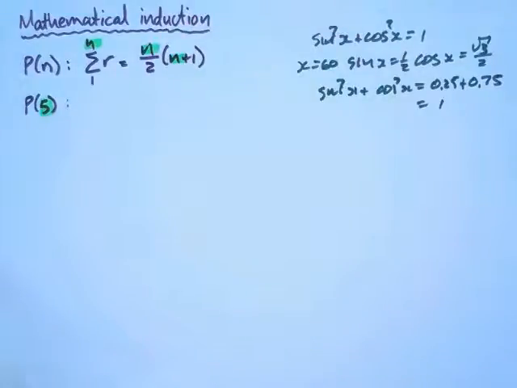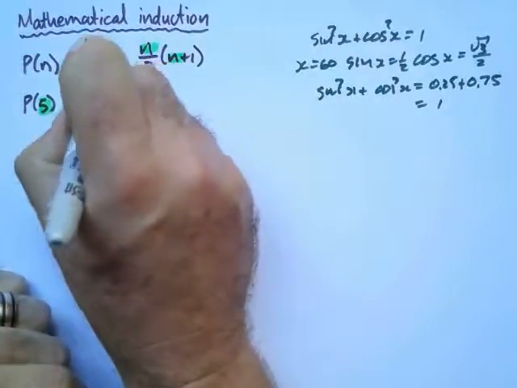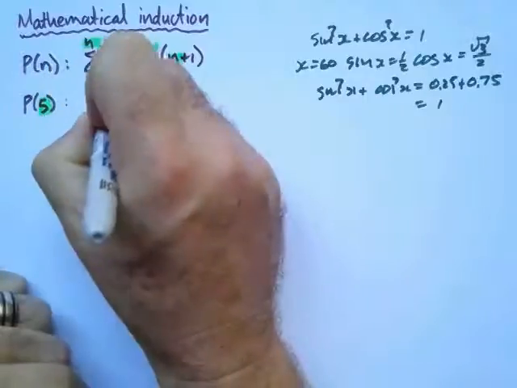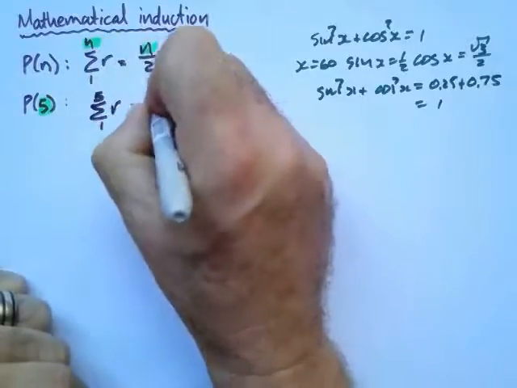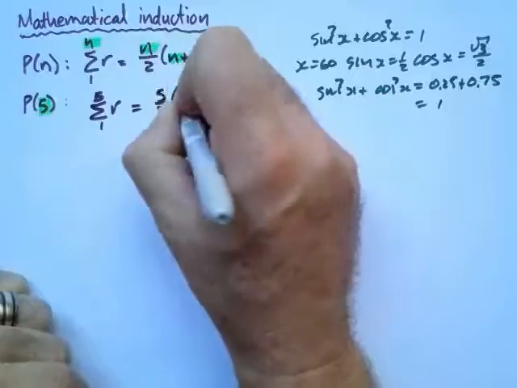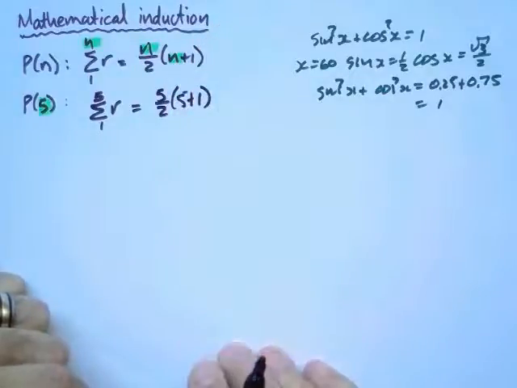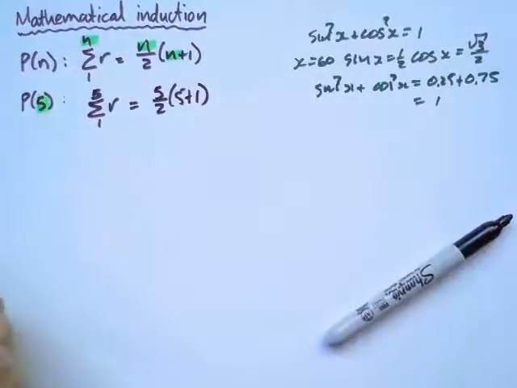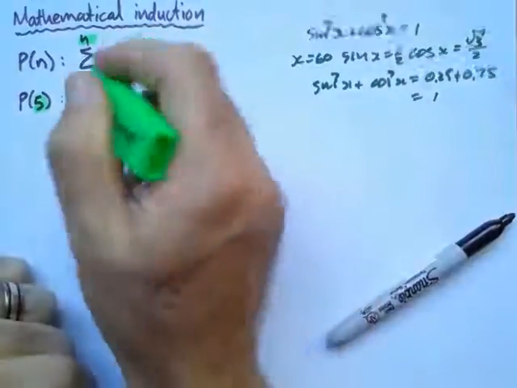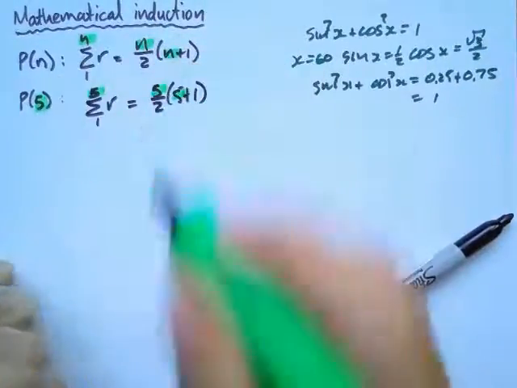In other words, I will see that the sum from 1 to 5 of r equals 5 over 2, 5 plus 1. Okay, so I've substituted that 5 into everywhere where I saw n.